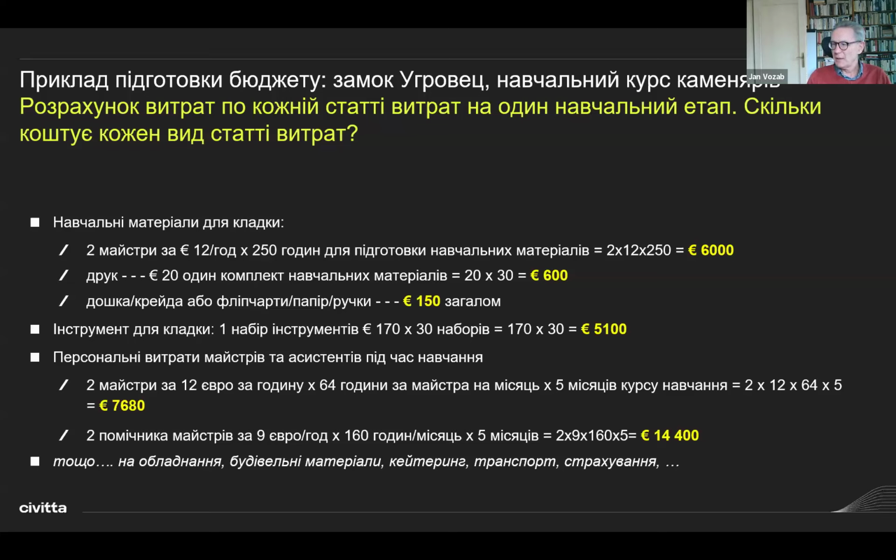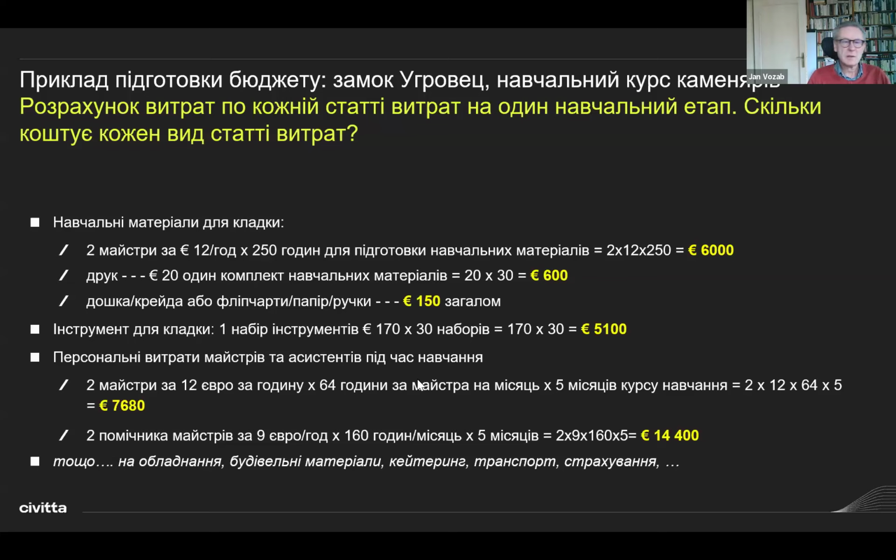So you need two trainers paid €12 per hour, multiplied by 250 hours for training materials for each trainer. So in the end, you know that just the preparation of training materials will cost you €6,000. Then the printing will cost you 30 sets of training materials, €20 per each set, so it's €600, and so on and so on.